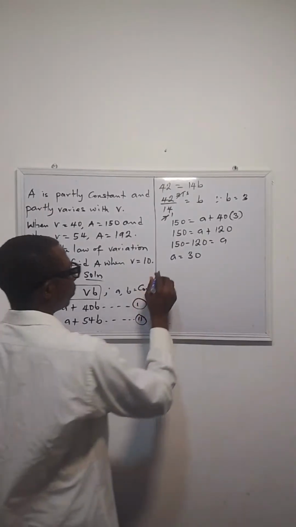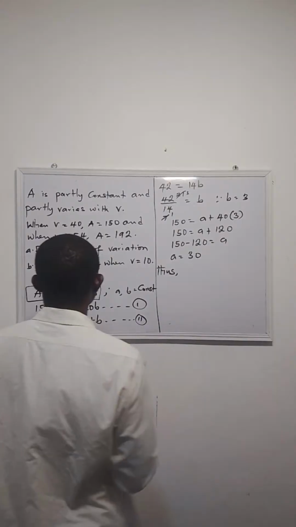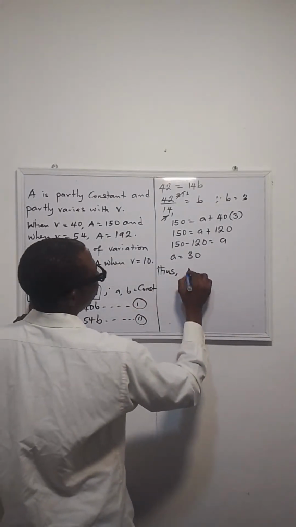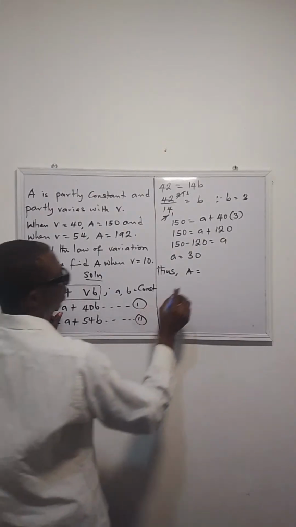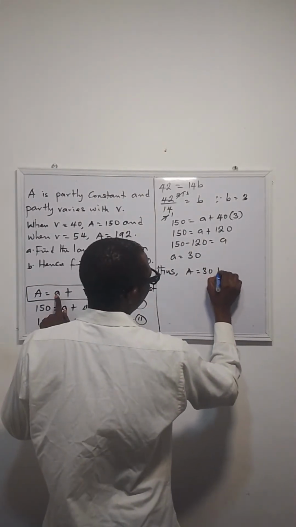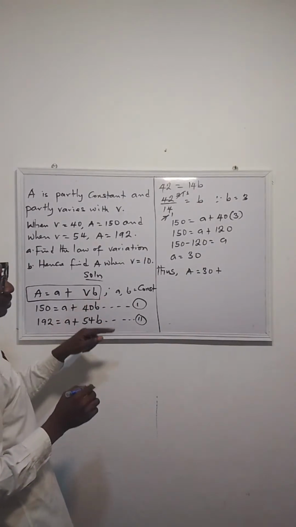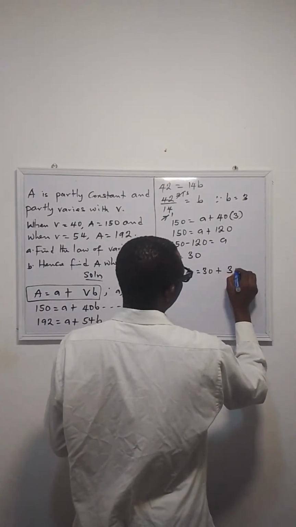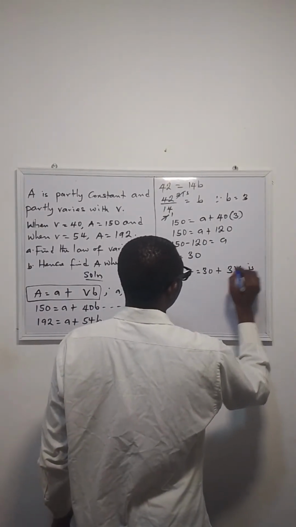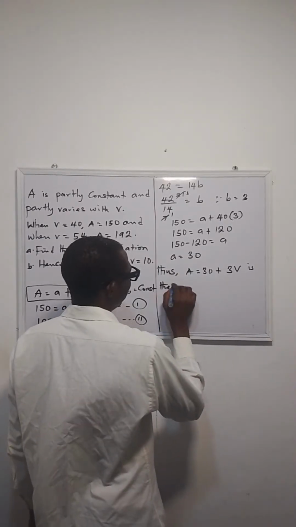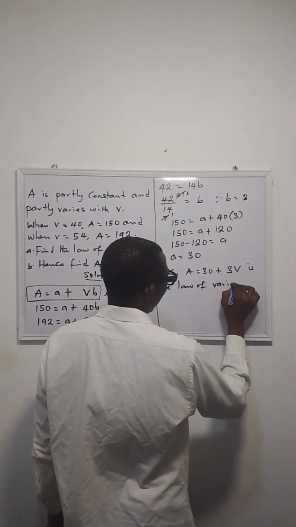So we write thus: A equals 30 plus 3V is the law of variation.